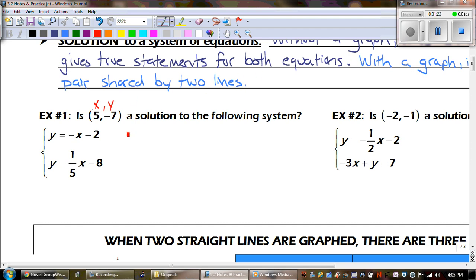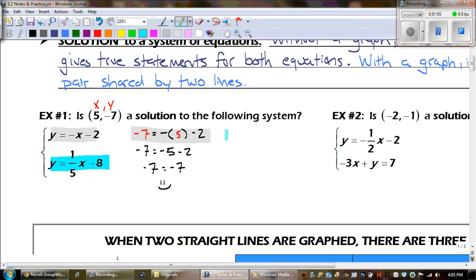So when we're plugging this in, we have -7 equals -x, which is 5, minus 2. That's our first equation. The opposite of 5 is -5, and -5 minus 2 is -7, and those are equal.